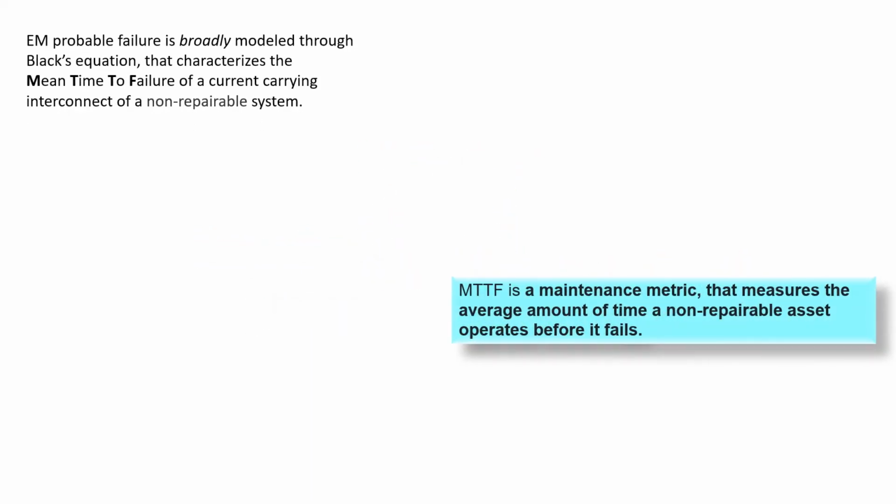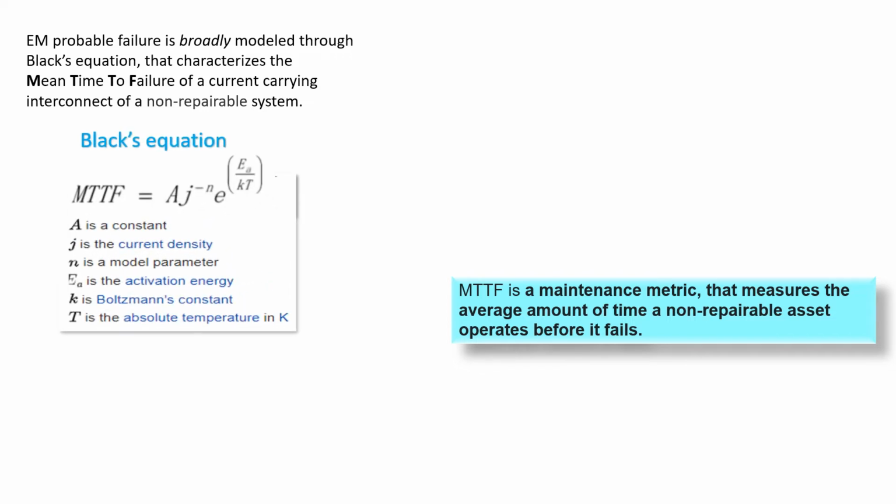We will discuss mean time to failure in this slide and further, because those are the ones related to EM failures. EM failure is broadly modeled through Black's equation: MTTF equals A times J to the power of minus n times e to the power of EA by KT.